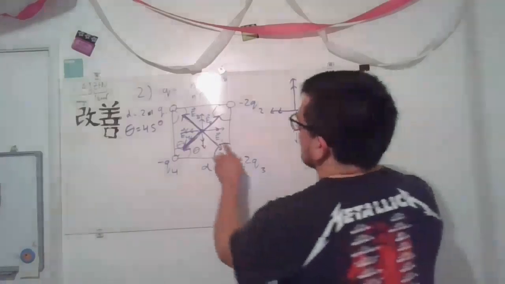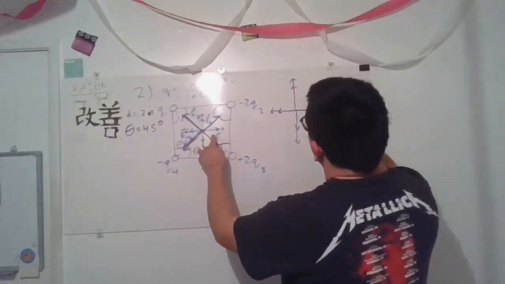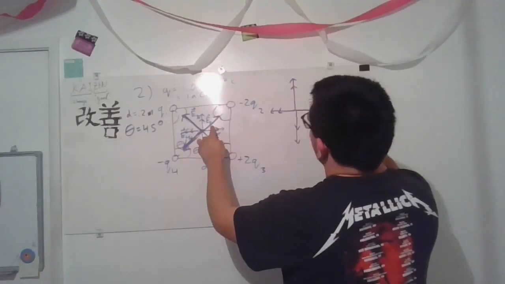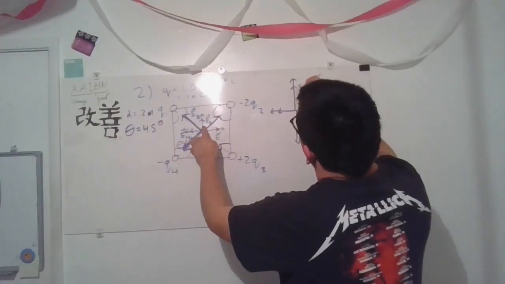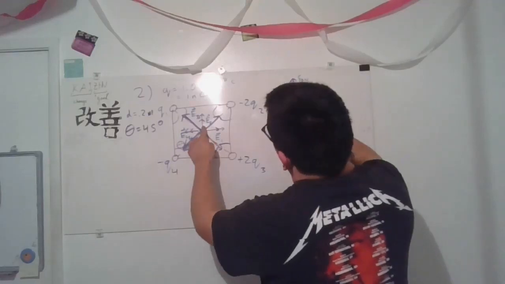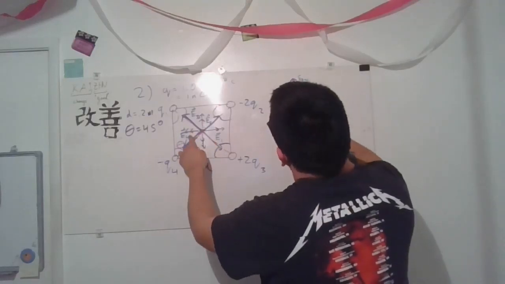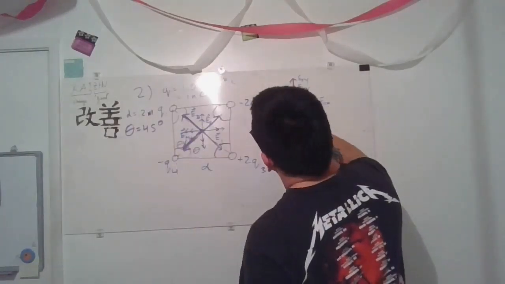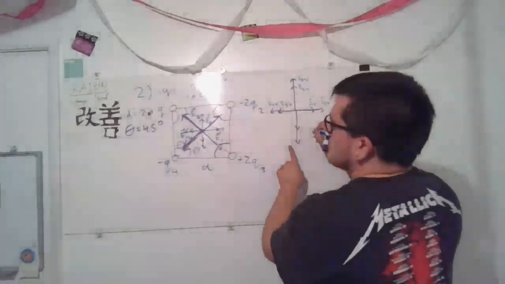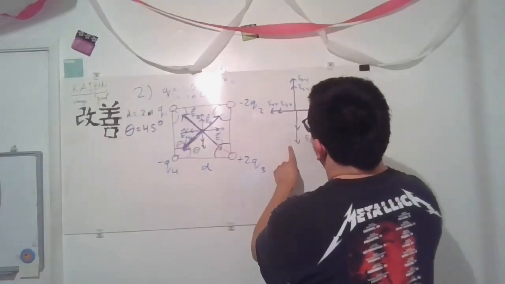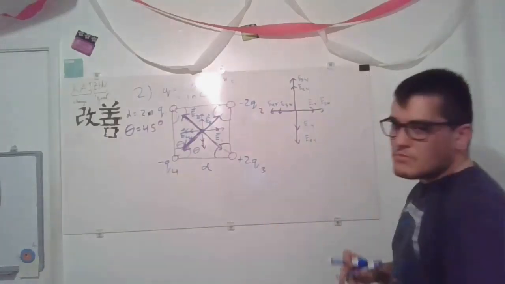Okay. So this is E1x and E2x. This is E2y and E3y. This is E3x and E4x. And then this is E1y and E4y.